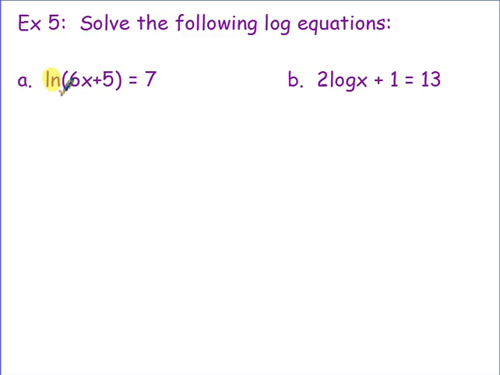So here's what you need to remember from previous lessons. ln is the same thing as log base E. This is one of those super duper must memorize things. So I'm going to, in place of ln, put log base E. I'm still going to keep everything else exactly the same.